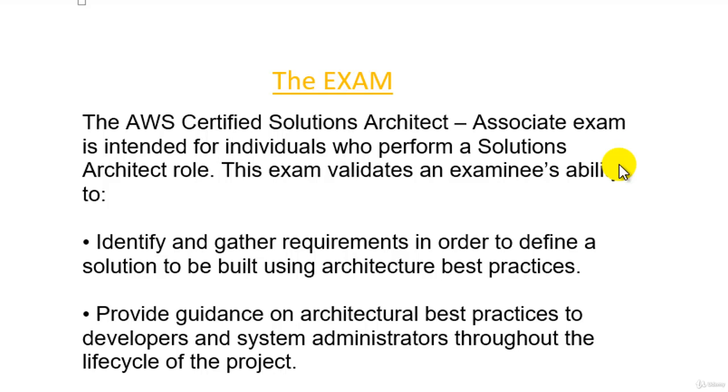So, it will give an overview of how the infrastructure, how the different services of AWS run, and how the coupling is done between different services in AWS.